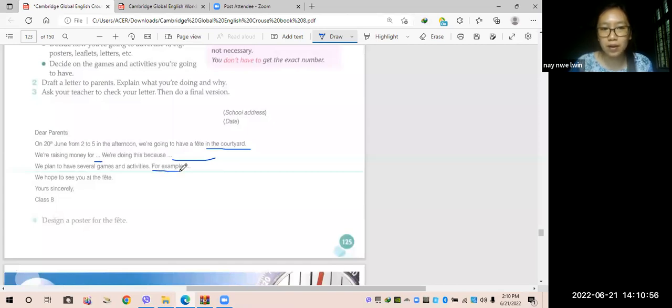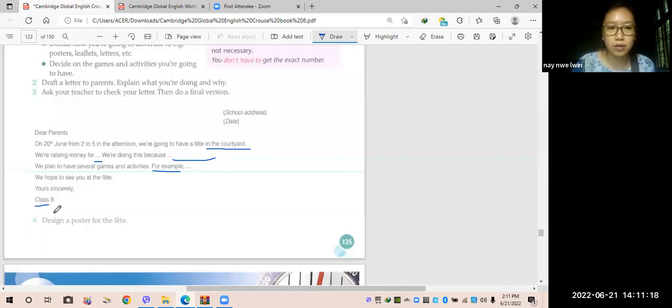For example, you can talk about the games, like apple bobbing or coconut shy or sack race games like that. So you can suggest any game that you want to play in that fete. And we hope to see you at the fete. Yours sincerely, class, section C.